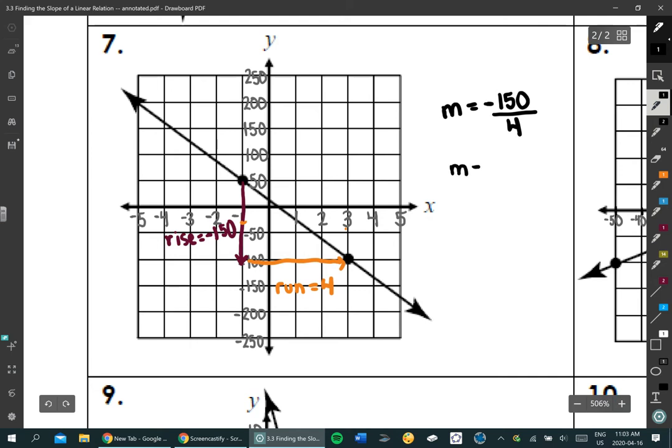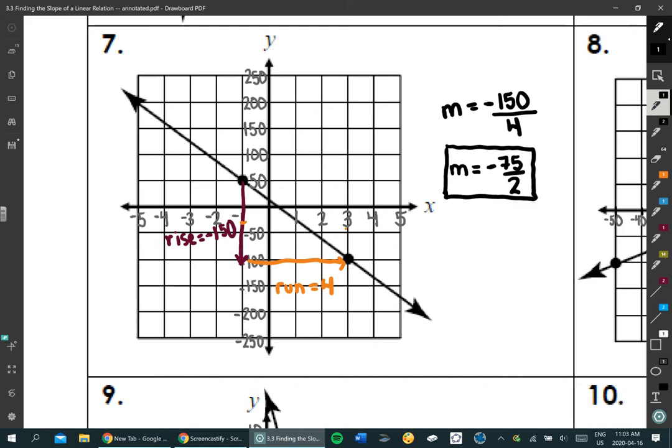They can both be divided by 2. So that gives me 75 over 2, and that's my rate of change. Sometimes rate of change comes out to some fraction that doesn't look very pretty, but that doesn't matter. Regardless of how weird your answer looks, it could still be correct as long as we follow rise over run.